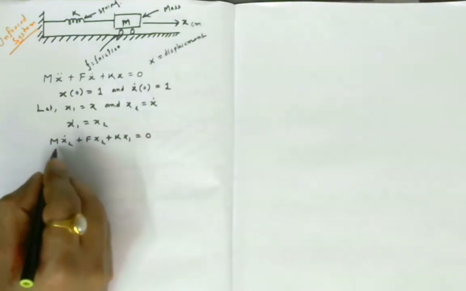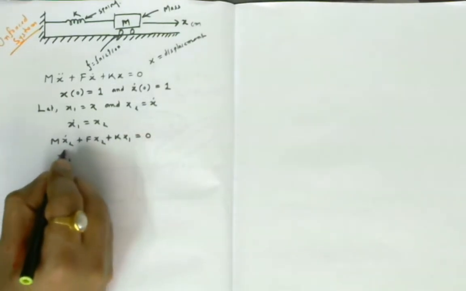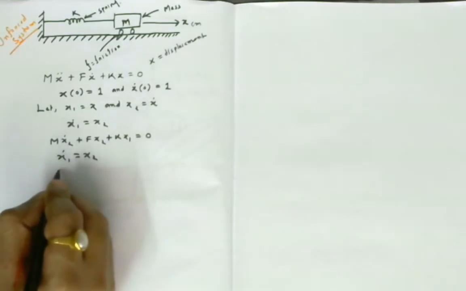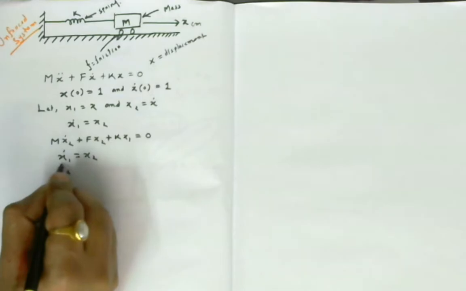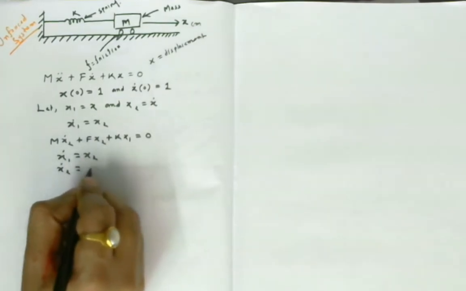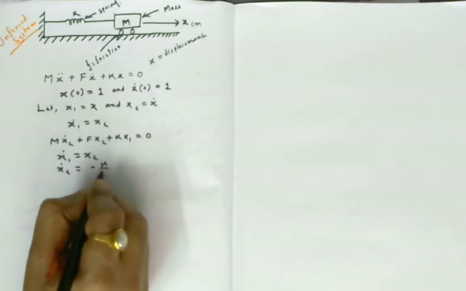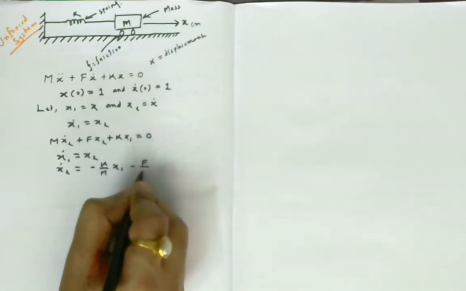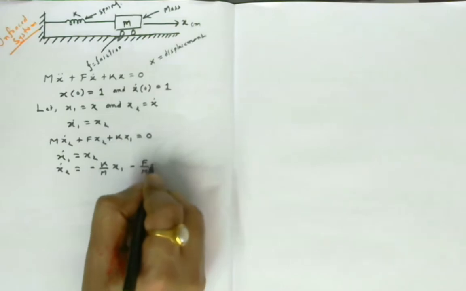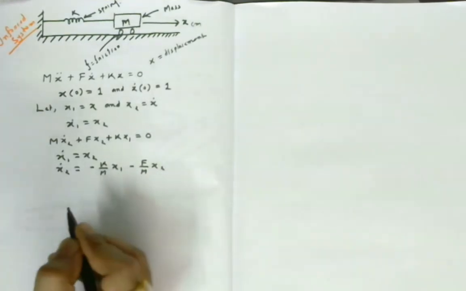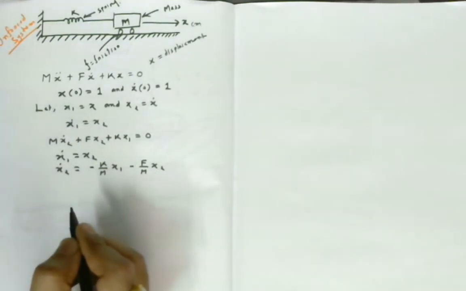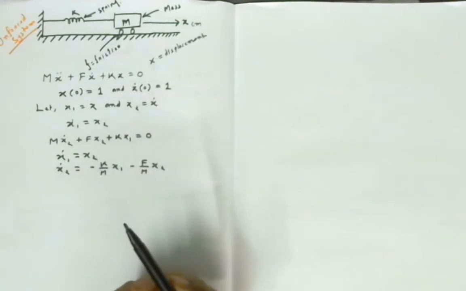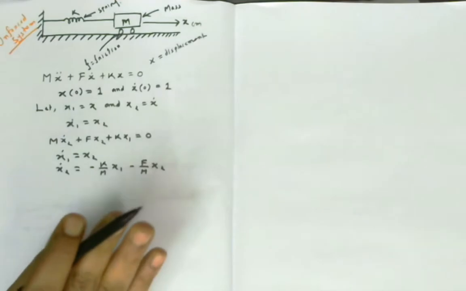From this I can have the individual state equations. And if I am interested, I can also find out the A matrix, B matrix and C matrix.